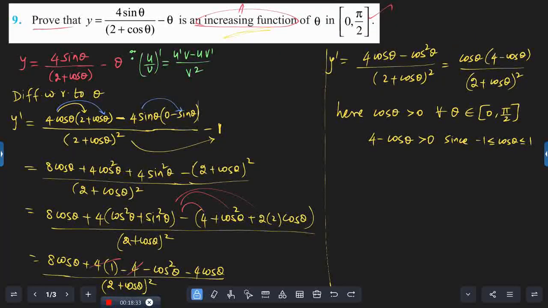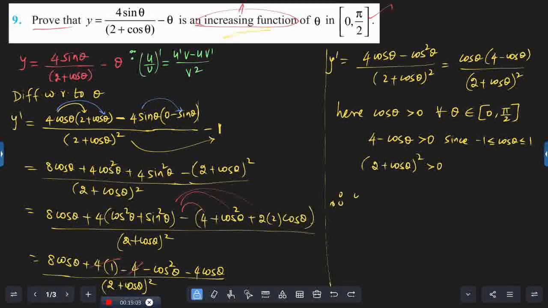Now you have to write here: therefore y dash equals cos theta into (4 minus cos theta) divided by (2 plus cos theta) whole square. One more thing I didn't say: the denominator (2 plus cos theta) whole square is greater than 0 because of the square. When we have a square, it is greater than 0 only.